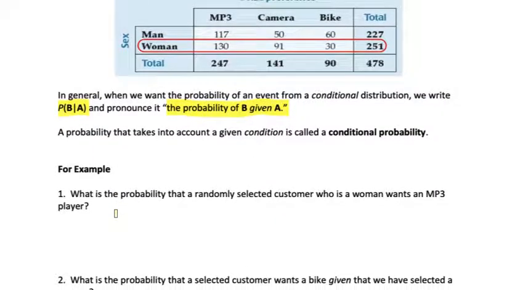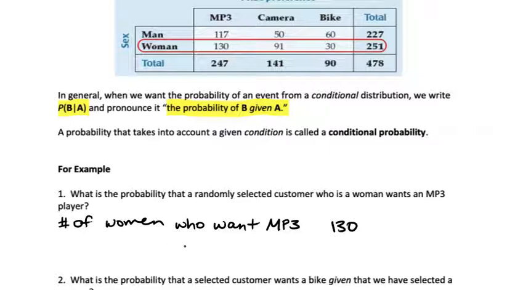The first one is, what is the probability that a randomly selected customer who is a woman wants an MP3 player? So looking at my table, I can see the number of women who want an MP3 player is 130.